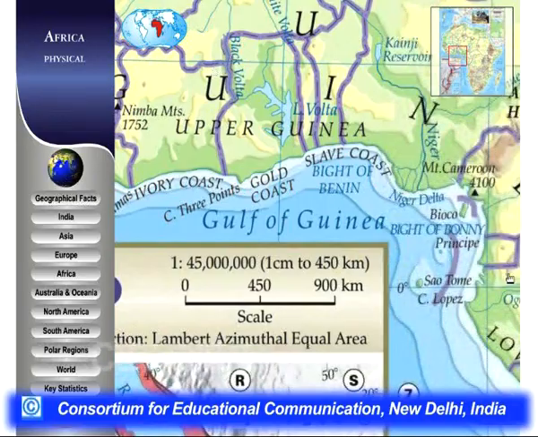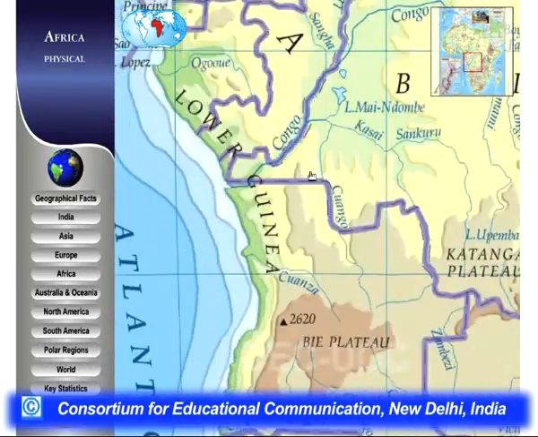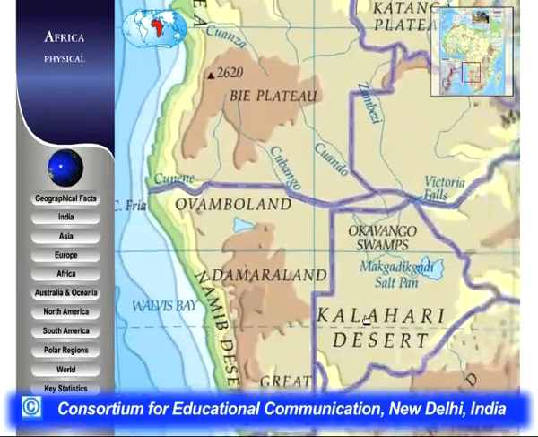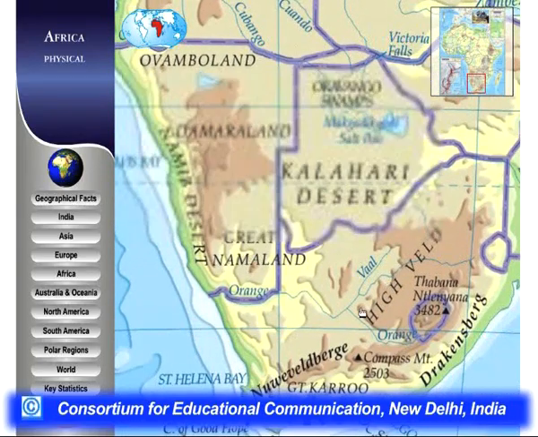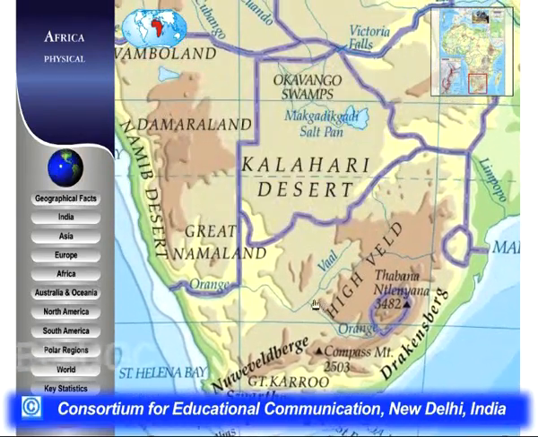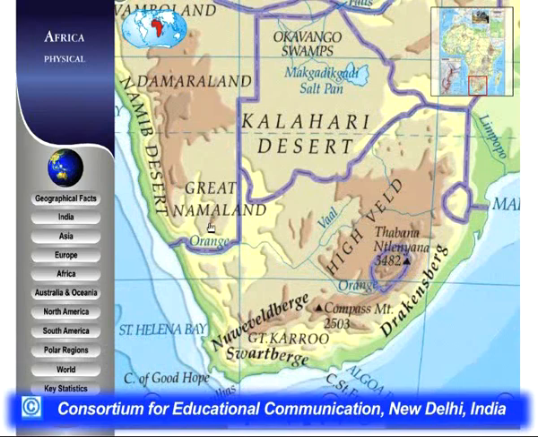Then you find South Africa, very important drainage of the South Africa. The western boundary of South Africa is divided by river Orange. South Africa and Namibia divided by river Orange.